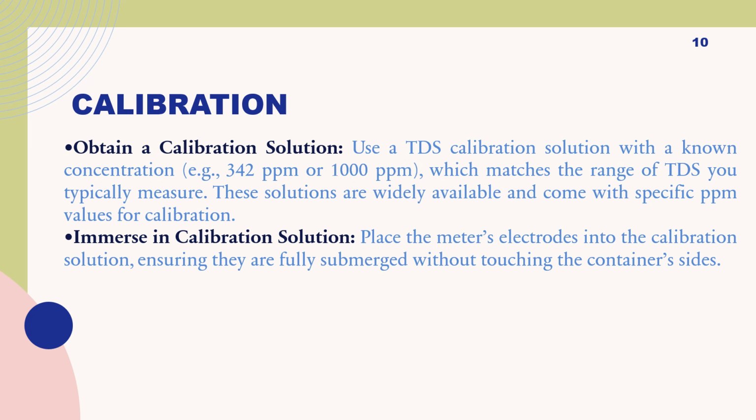Moving toward the calibration part, calibrating a TDS meter involves setting it to a known standard value to ensure accurate measurements. Here's a step-by-step guide. Obtain a calibration solution. Use a TDS calibration solution with a known concentration which matches the range of TDS you typically measure.